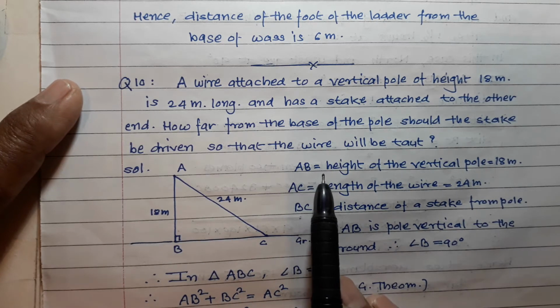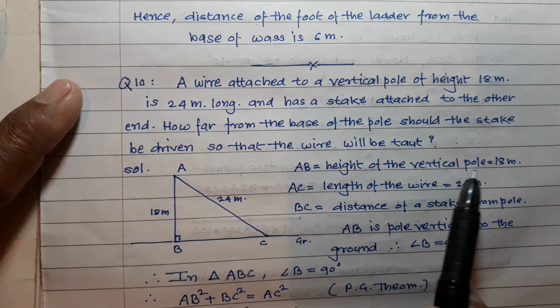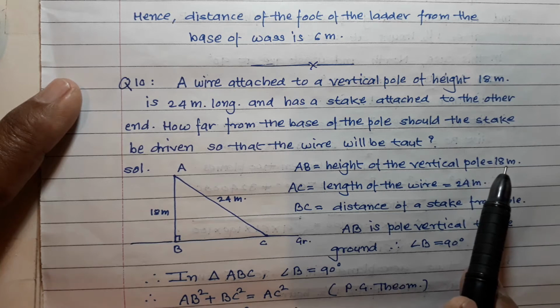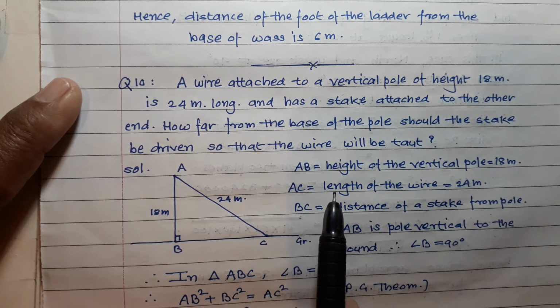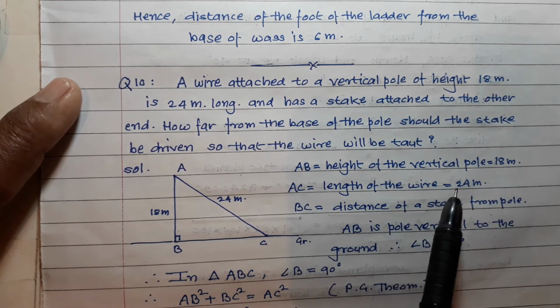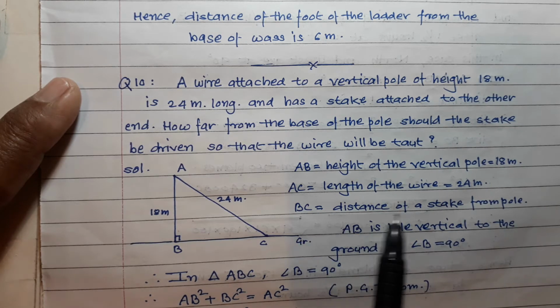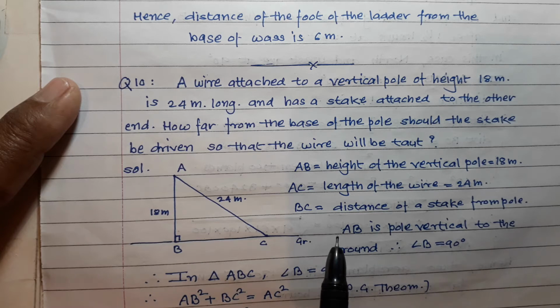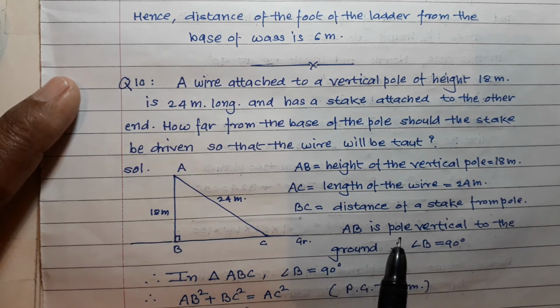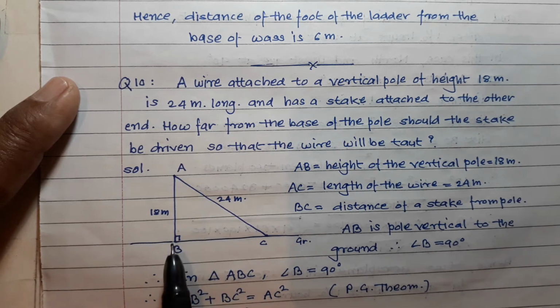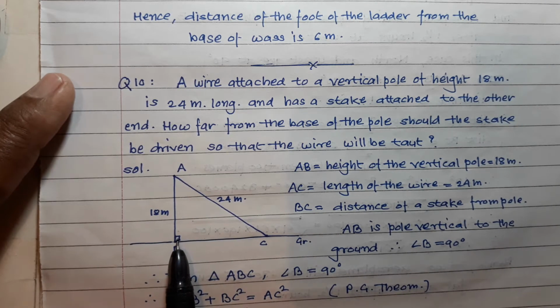Now, AB is equal to height of vertical pole is equal to 18 meters. AC is equal to length of the wire 24 meters. BC is distance of the stake from pole. AB is pole vertical to the ground. Okay, so in this case, remember this is vertical, therefore this angle is 90.